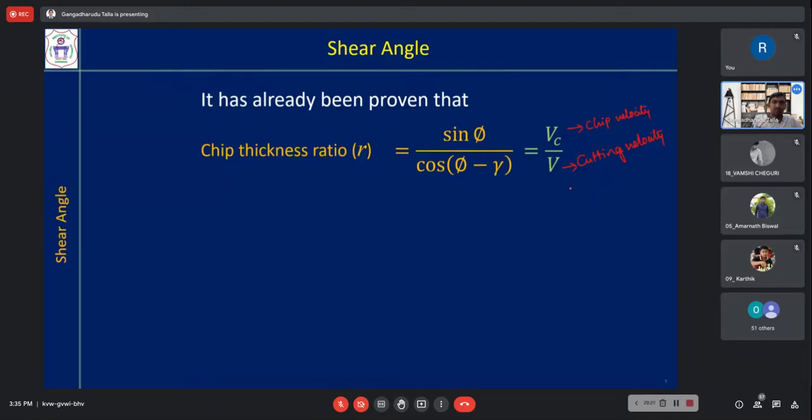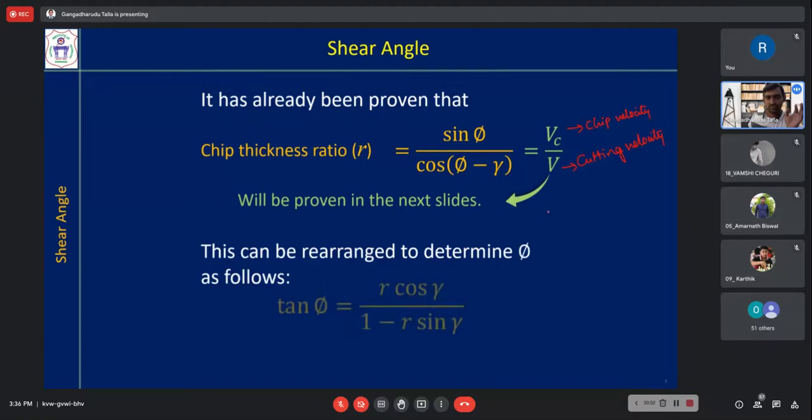The main reason is that when the chip is trying to flow away from the cutting zone, the tool is trying to pull the workpiece in the downward direction due to the friction. There is friction between one side of the chip and the rake surface. So that is slowing down the movement of the chip. That's why the chip cannot flow at the cutting velocity. So Vc is always less than V. This we'll see later.